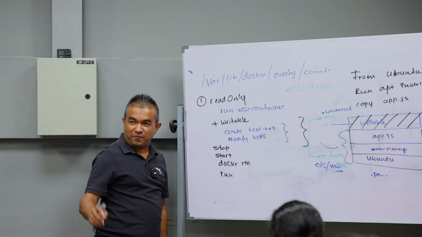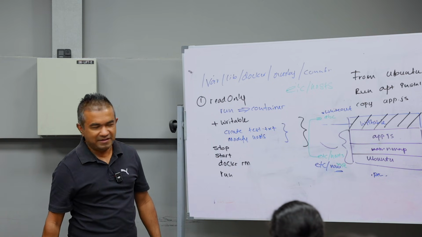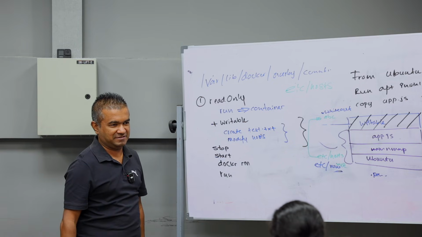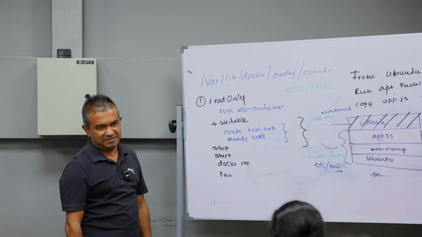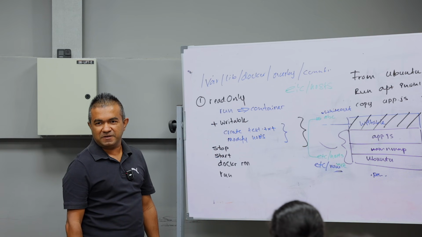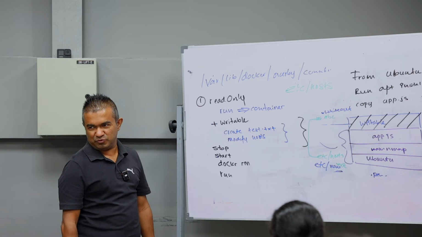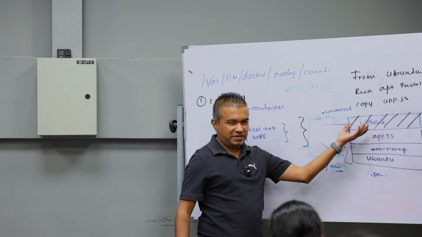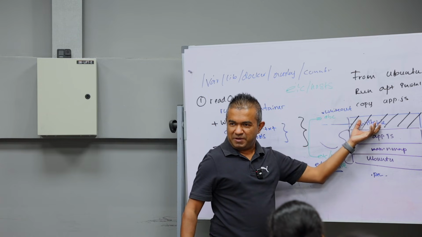Now you get a fresh write layer, so you will not see these two modifications. Right? So there is a life cycle. There is a difference between stop and remove. If you stop, all the changes you created on the file system still remain on the file system.